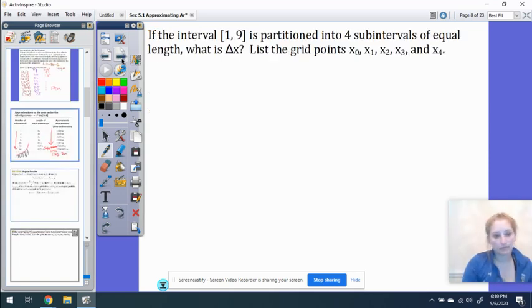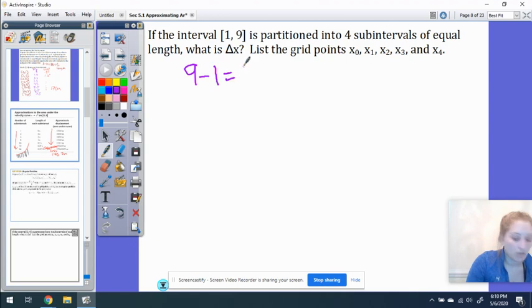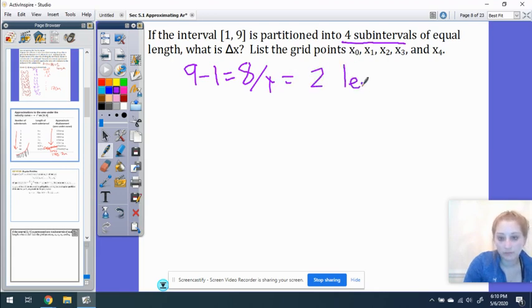In this case, our interval is 1 to 9, and it wants us to find these x values. What we're going to do first is subtract, and when I do that, I get 8. Then this is telling me that I'm going to have four intervals, so we divide that by 4, and that gives us a length of 2.